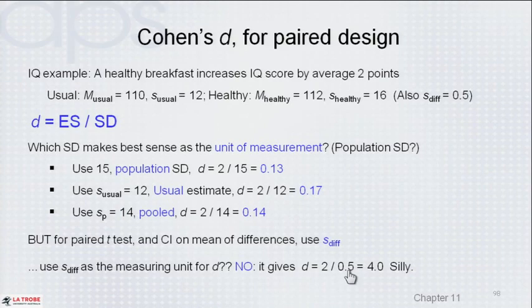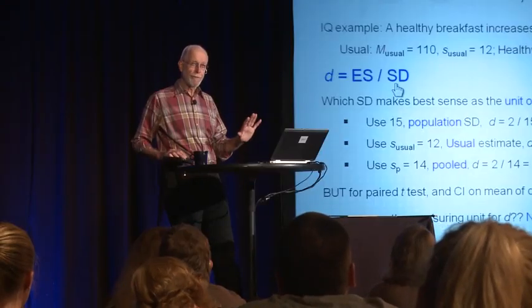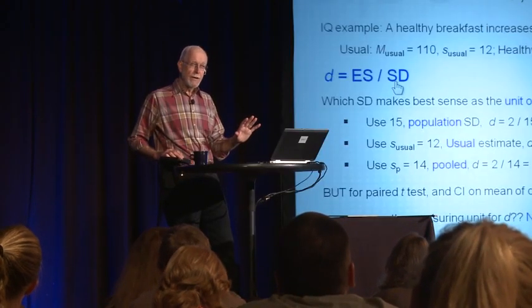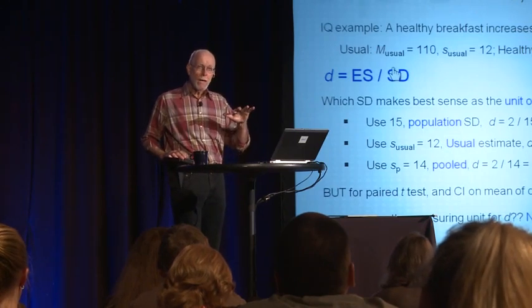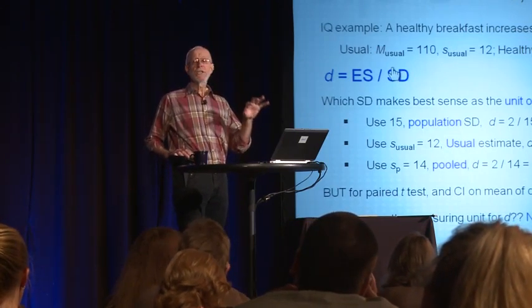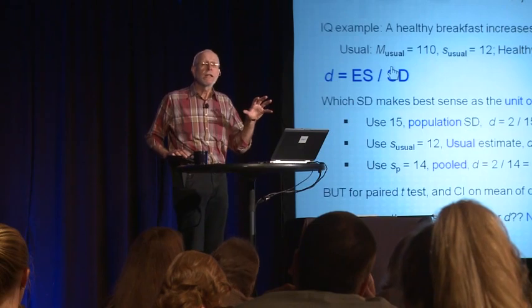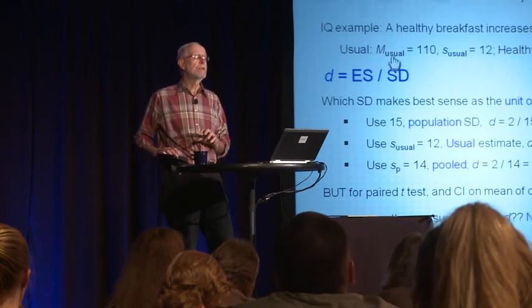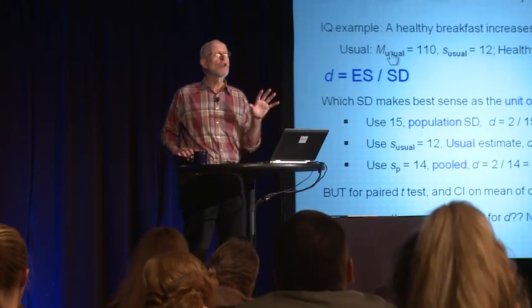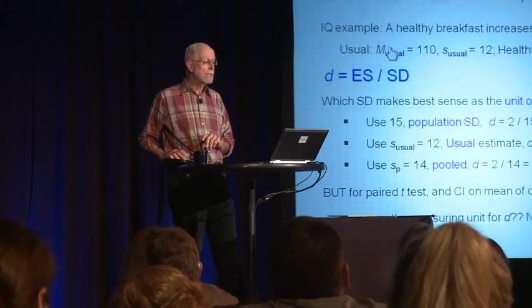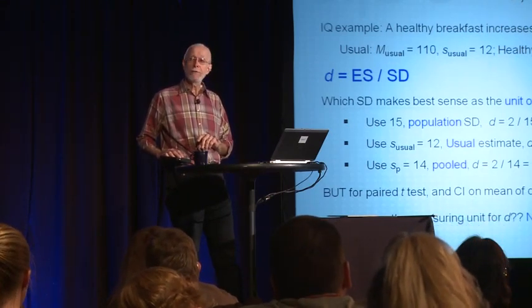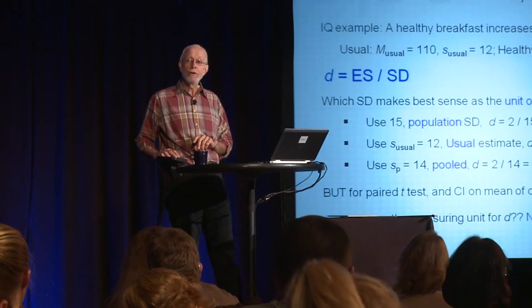So the message here is with Cohen's D, think carefully about what makes conceptual sense as your reference point. And think that you want it to be some standard deviation, some measurement unit that is likely to make sense across a number of different studies or even research fields and across a number of different research designs. Somebody else might do this healthy breakfast study and use independent groups.